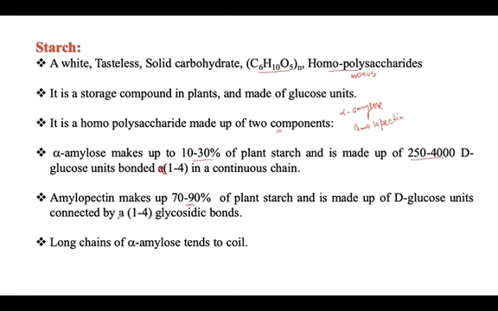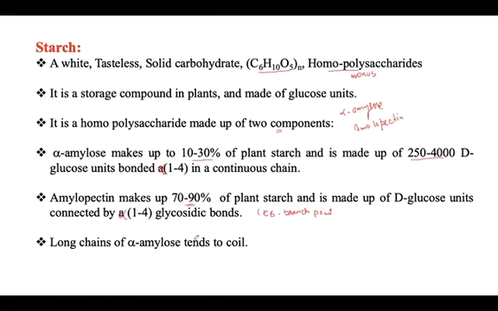There are two types of connections here: one is alpha 1,4 glycosidic bonds, and the other is the carbon 6 (C6) branch points in the amylopectin case. We will take the branch points up separately.